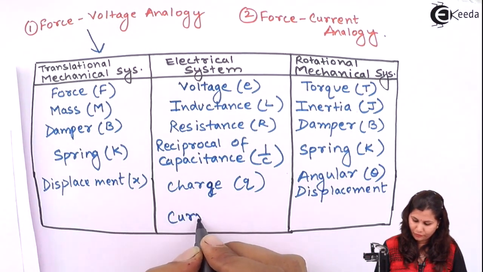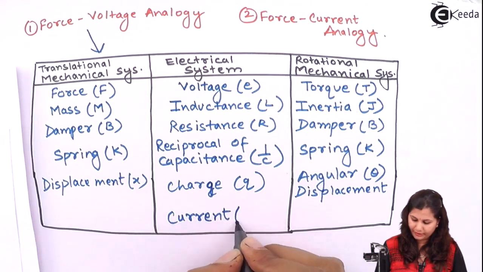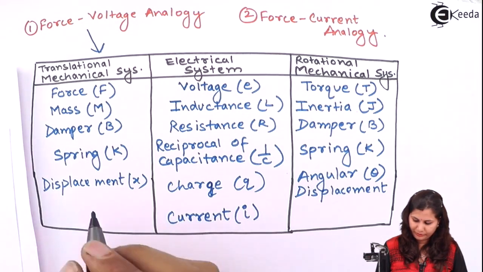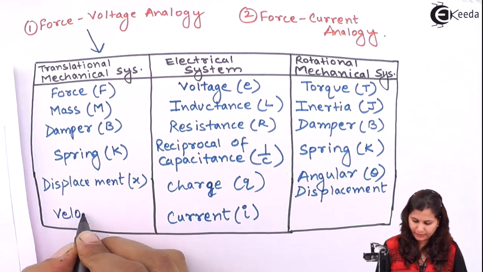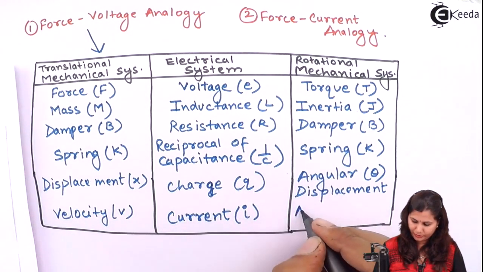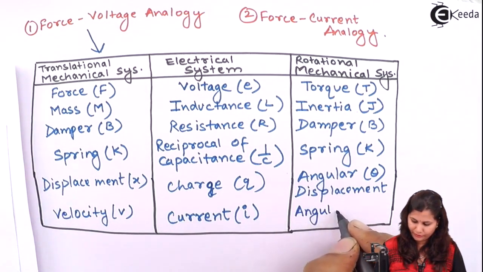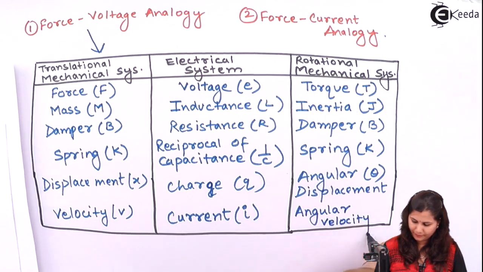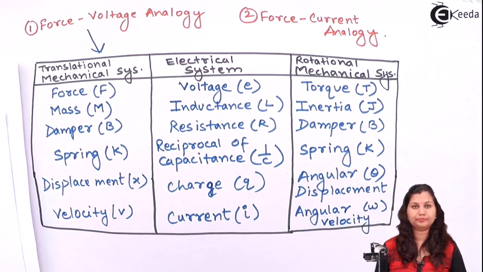Current in this force voltage analogy, current I, will be equal to the velocity V, and here it will be equal to angular velocity omega.